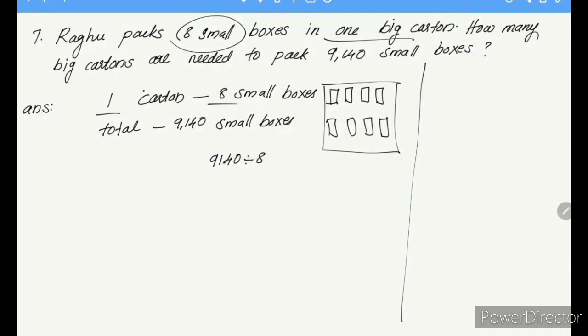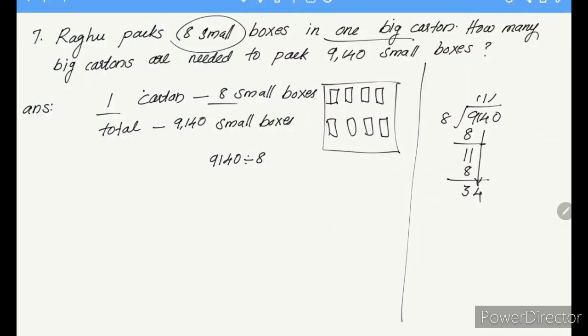9,140 divided by 8. We can divide it here in 9, 1. By subtracting we will get 9 minus 8, 1. And this one we can write here again, 1 into 8, 8. Here 3, 11 minus 8, 3. And we write this 4 here. And 8 into which number?